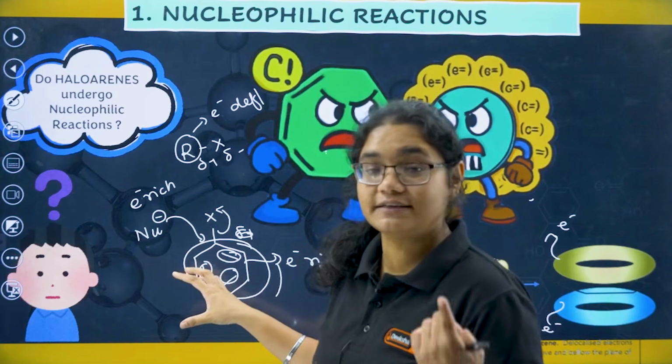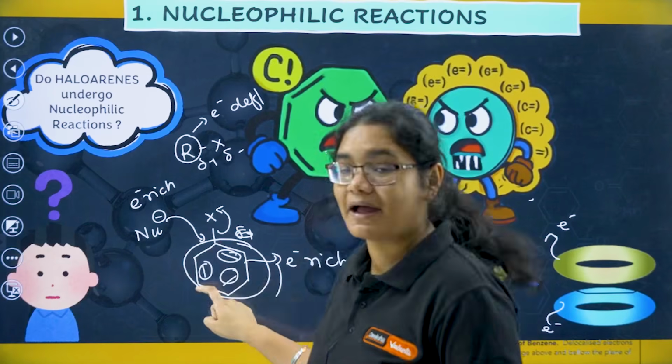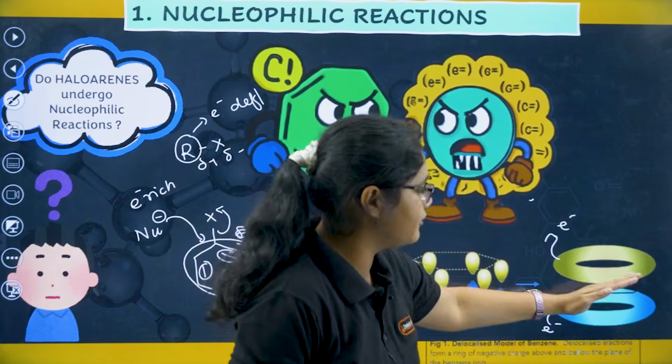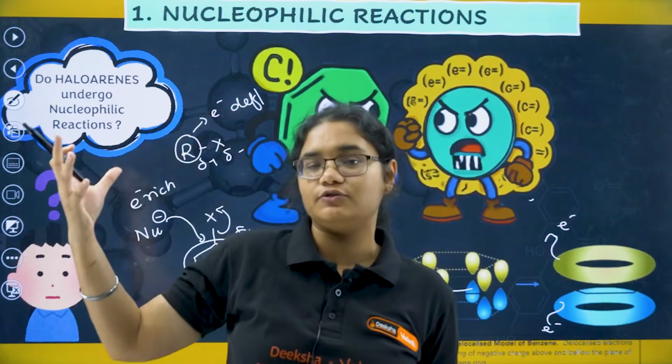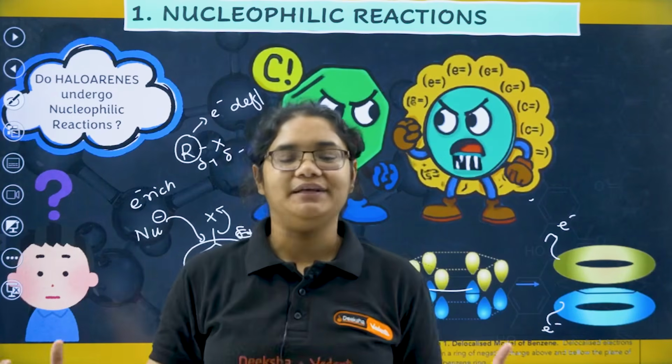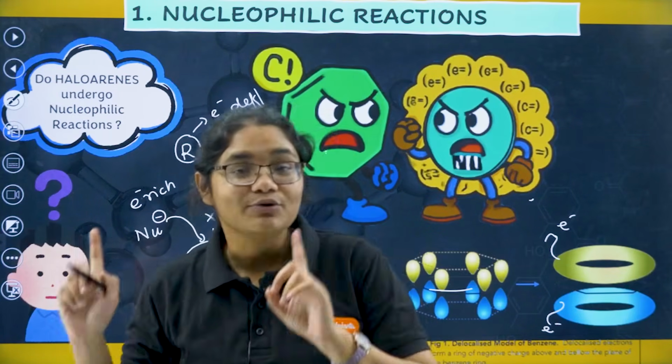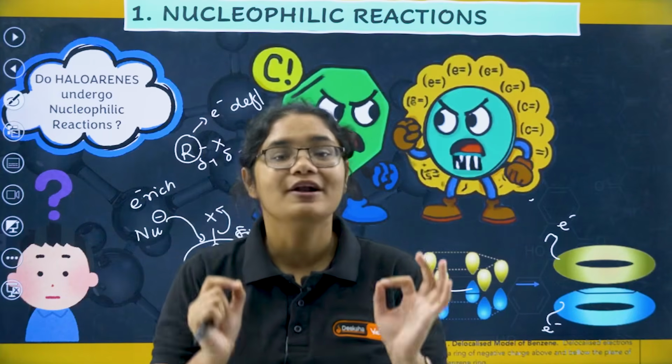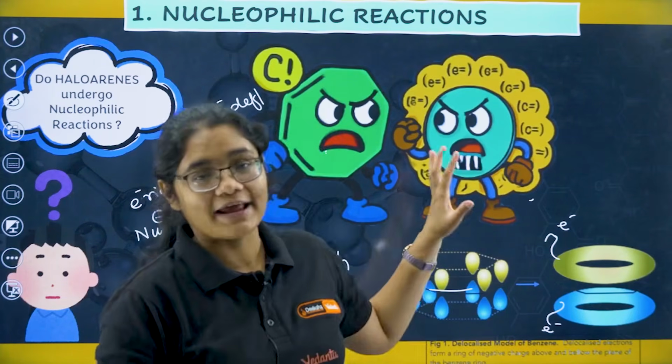What is the reason it is electron rich? Because of these pi bonds. It has an electron cloud above it and below it. So a nucleophile is electron rich, and benzene is also electron rich. So there is repulsion between them, and that is why nucleophilic reactions do not easily happen in case of haloarenes.